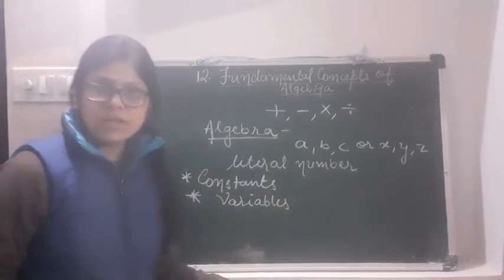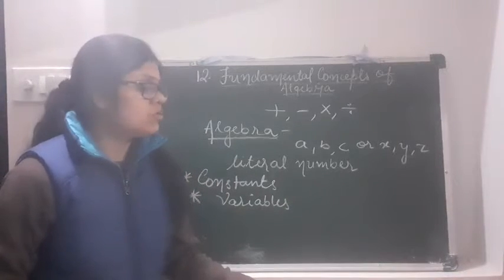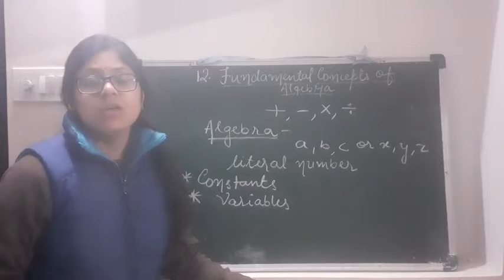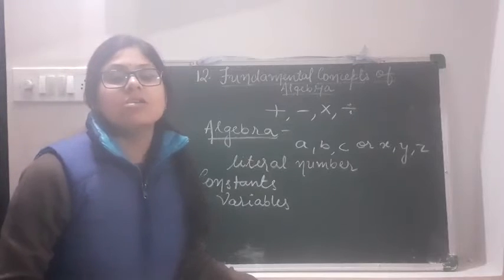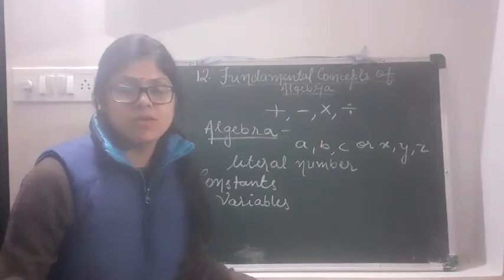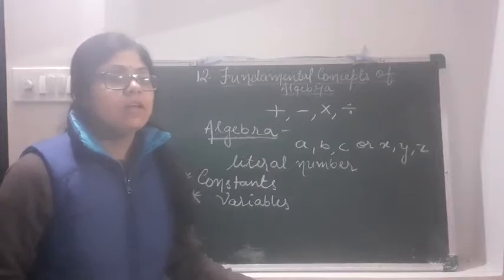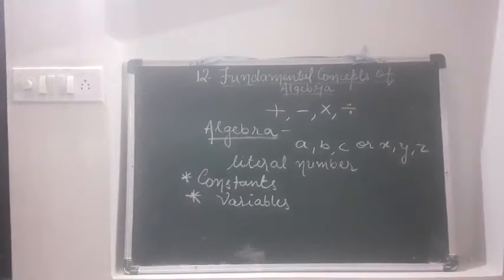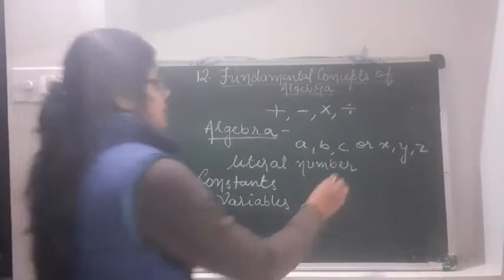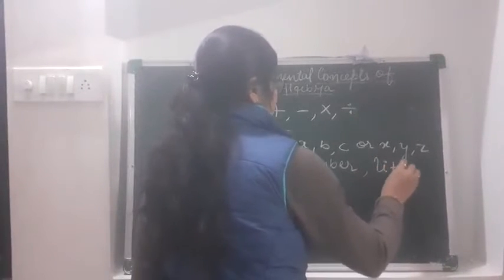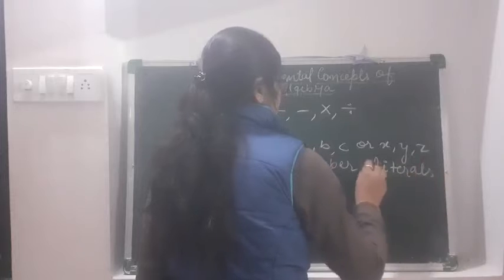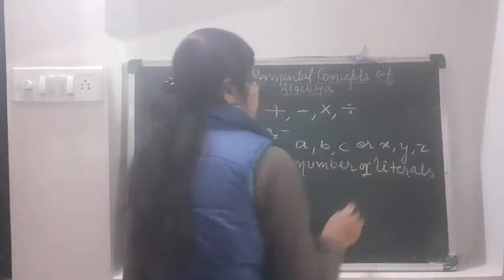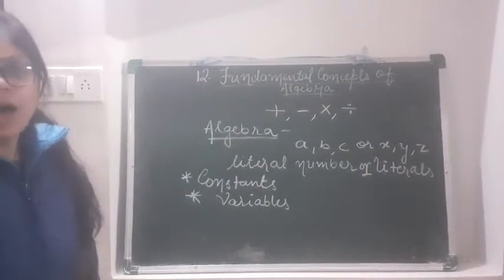First, understand literal numbers: when numbers are written in the form of a, b, c or x, y, z, they are called literal numbers, or simply literals.